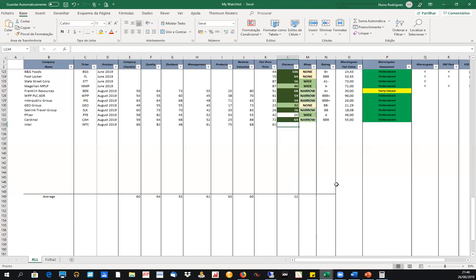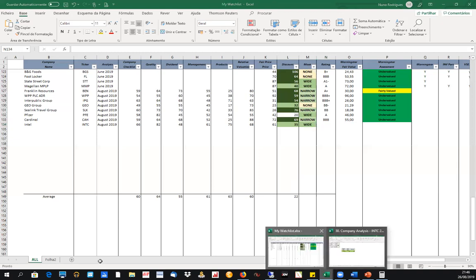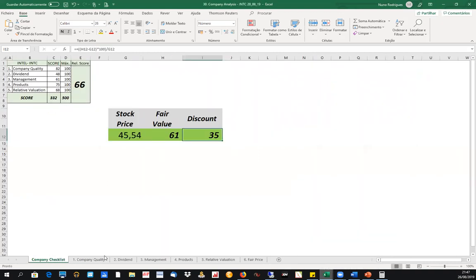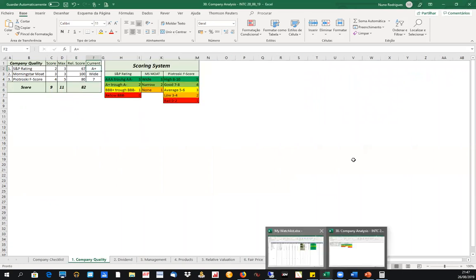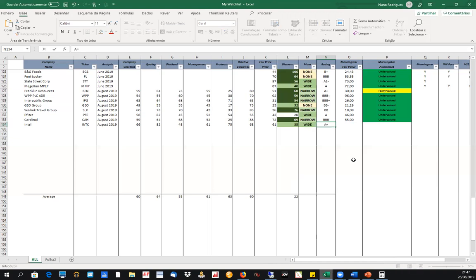And here we can add some more information. So for Morningstar, the MOAT is wide. We do have a credit rating for Intel of A+, all right? So this is extra information that helps us build up our database.